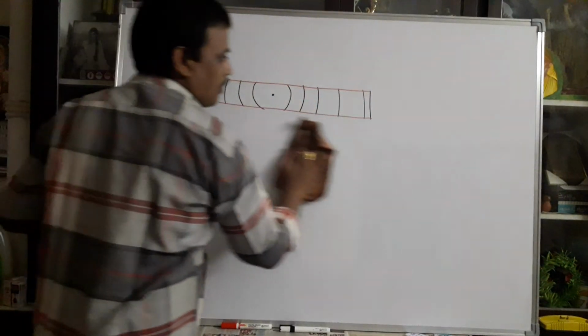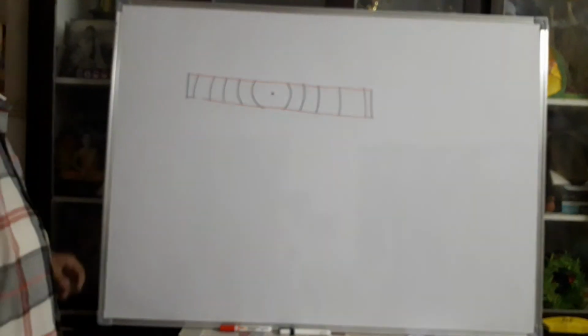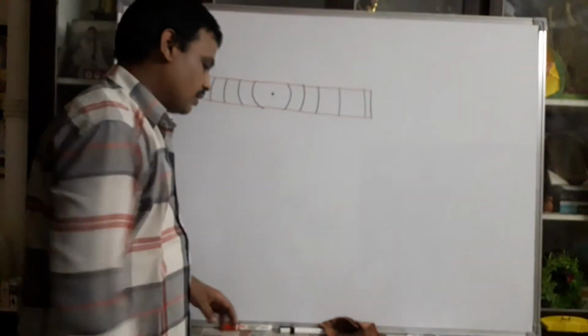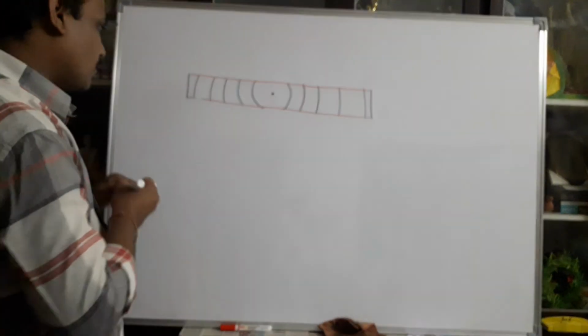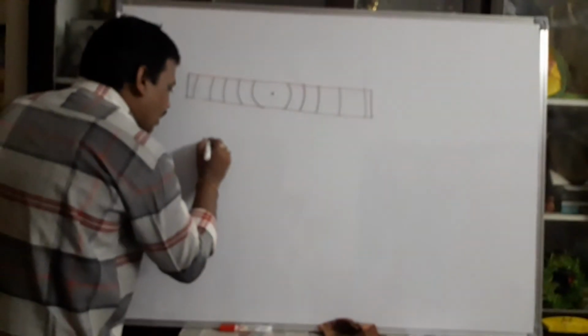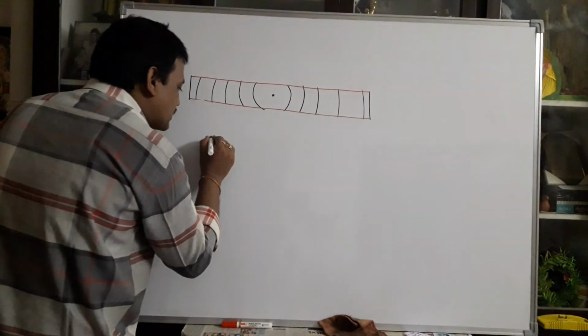This is the photographic plate fringes pattern. Particularly, this photographic plate fringe pattern is observed like this.